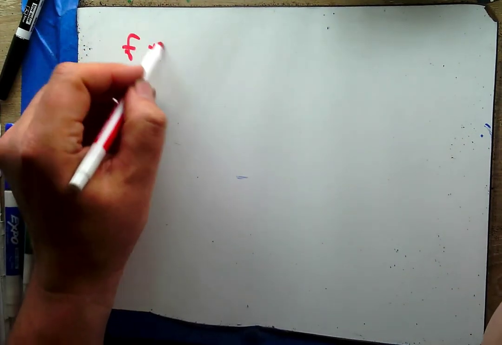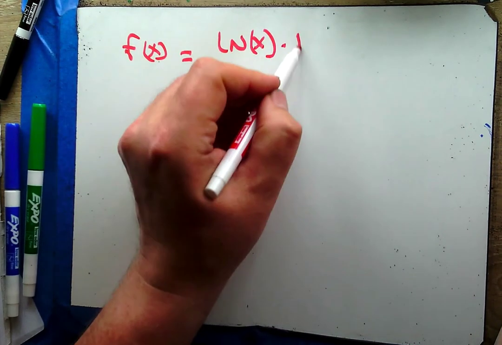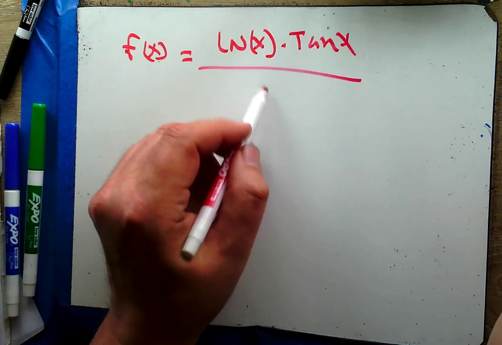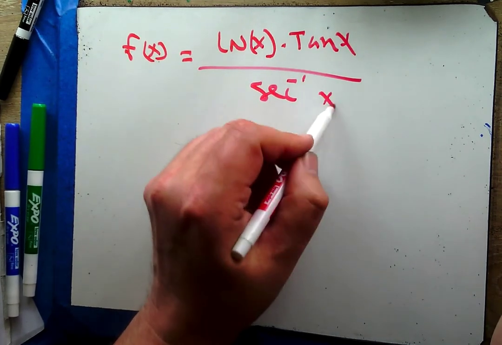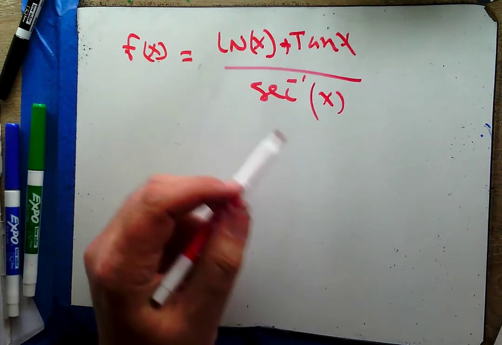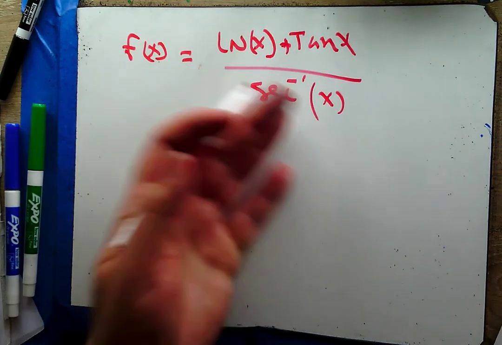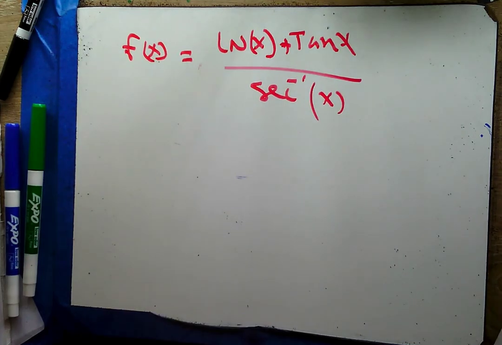You're welcome to use these alternatives while you can, but I really need you to be ready for when you see ln of x times tangent x over secant inverse x, where splitting these up is not going to help you in any way, shape, or form. You're just going to have to use the quotient rule. So please make sure you know the quotient rule. Please make sure you use the product rule.